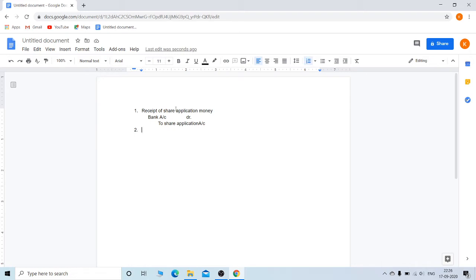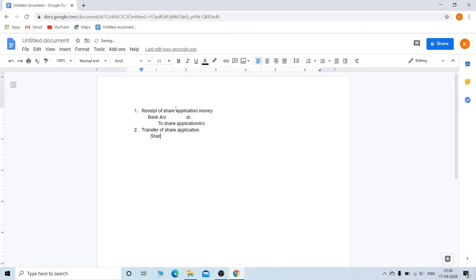After the receipt entry, we have to write the entry for transfer of share application money. We have to transfer the share application money on the allotted shares to the share capital account.